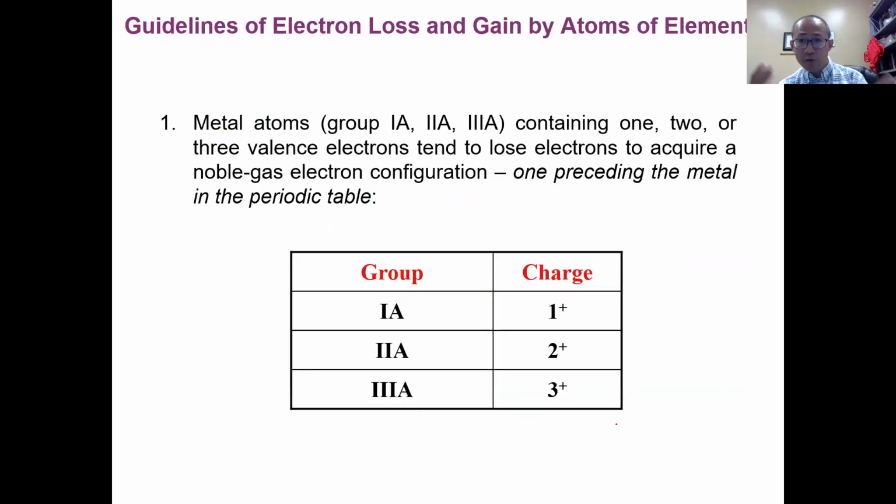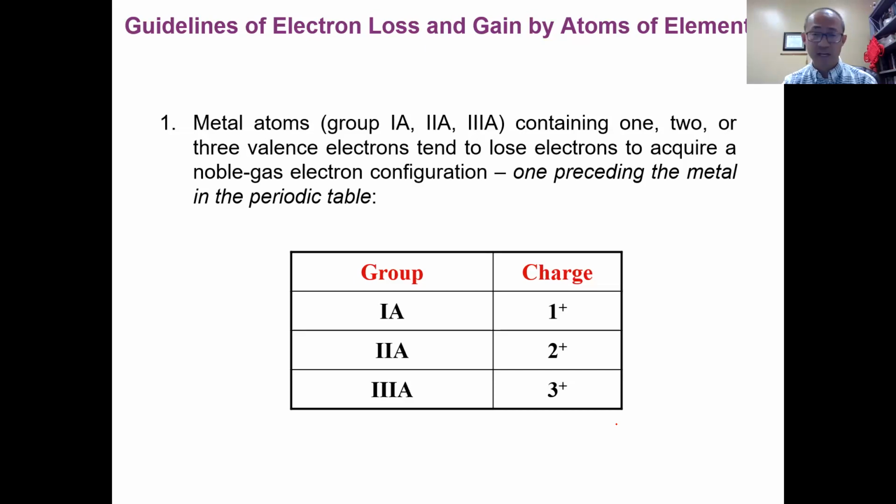Now you know the logic of becoming noble gas configuration by losing or gaining. So let's take a look at what other charges we're expecting for our representative elements. We have 3 guidelines. The first guideline is group 1, 2, and 3 elements. These are mostly metals. Because they have 1, 2, and 3 valence electrons, they tend to lose 1, 2, or 3 valence electrons.